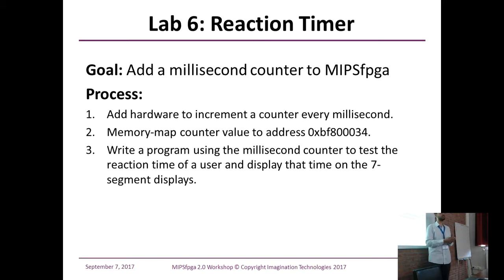If you want to measure 1 second in hardware, you have to start with the reference. It's the 100 megahertz crystal reference, then you have the 50 megahertz PLL reference, then you have a 32-bit counter, and you know how much time it takes to roll over, then you can run some calculations and say, okay, now I have 1 second. It's a bit hard to make 1 second in hardware, but there's a whole lab for this reaction timer as well.